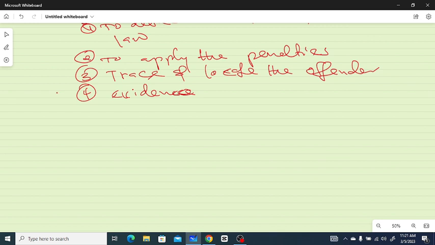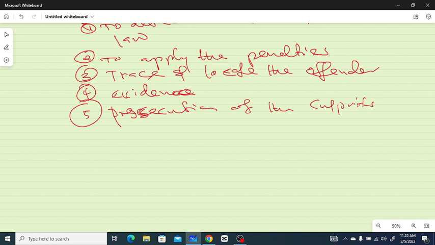Then number 5, it identifies cases involving tax fraud and obtains evidence for possible prosecution of the culprits. So these are some of the objectives of tax investigation.